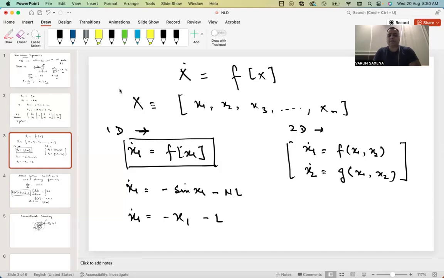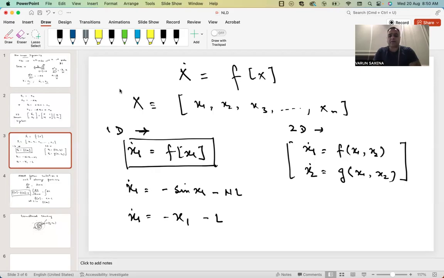In 1D, this becomes x1 dot is equal to f(x1), where f(x1) could be any function of x1, linear or nonlinear. Let's say we focus on the nonlinear case, so f(x1) could be, let's say, minus sine x1. So the equation becomes x1 dot is equal to minus sine x1, and this is a nonlinear 1D dynamical system.